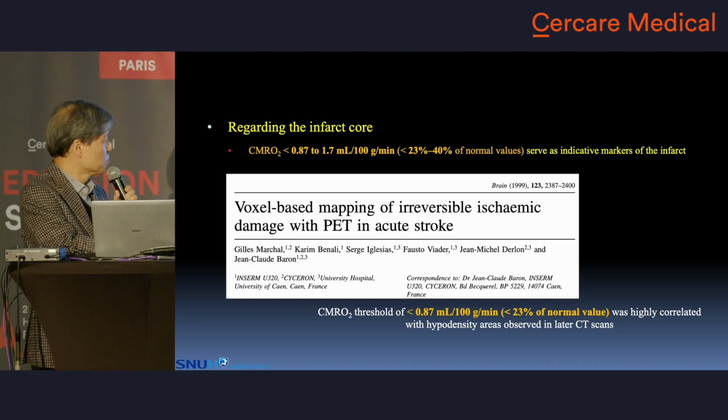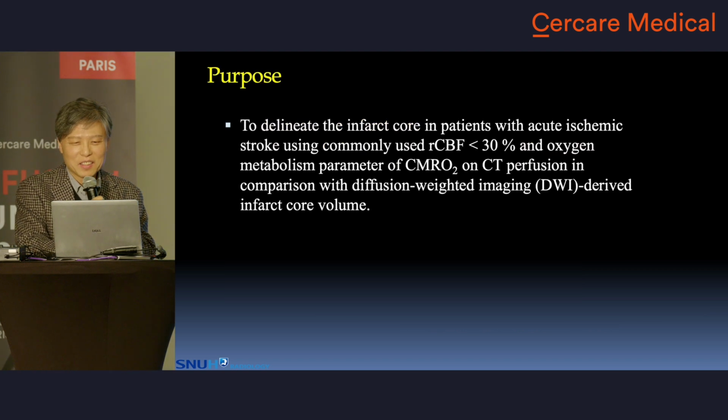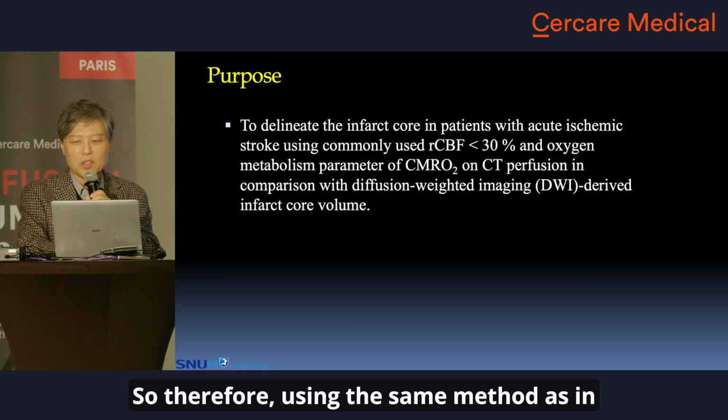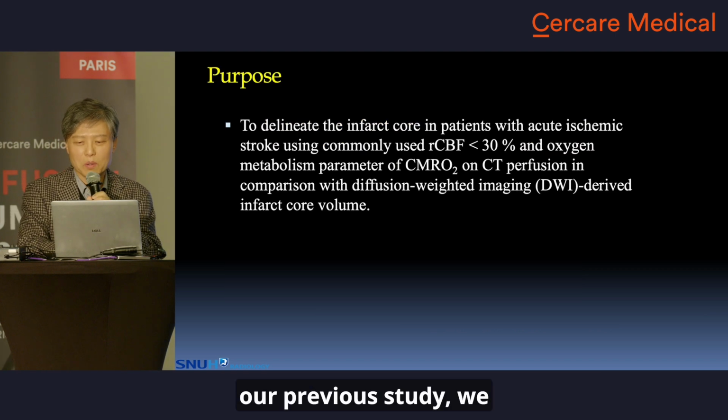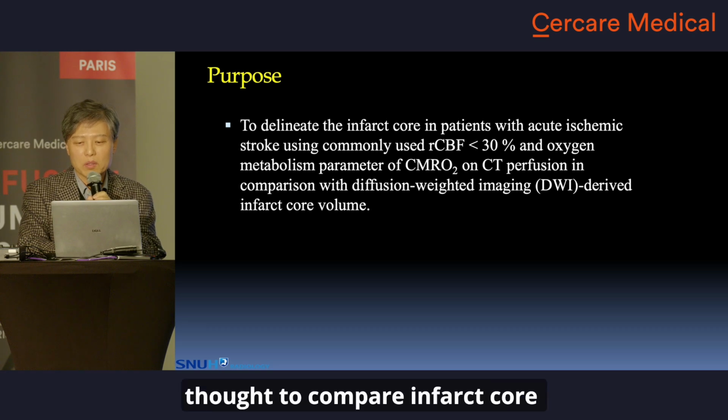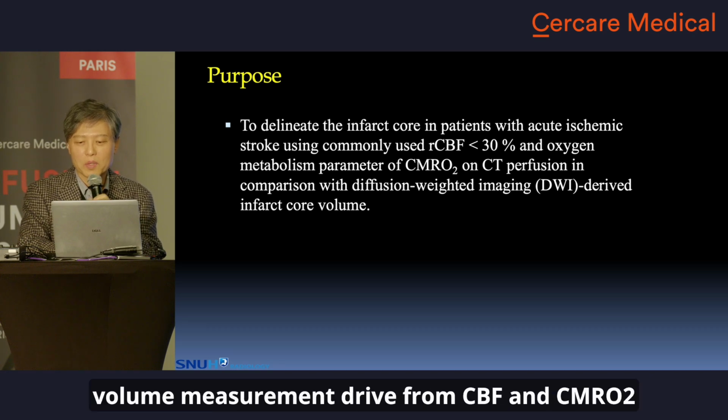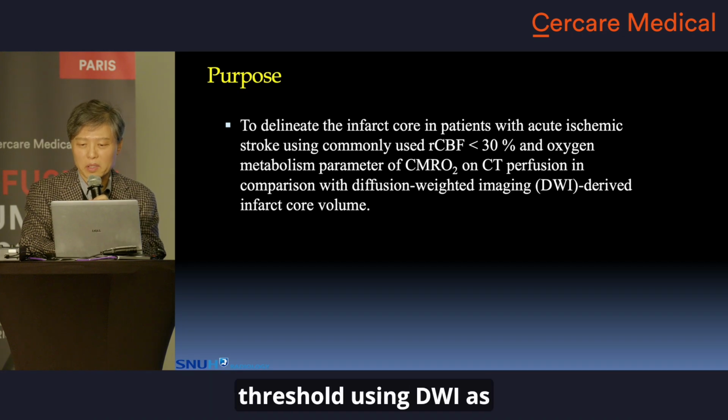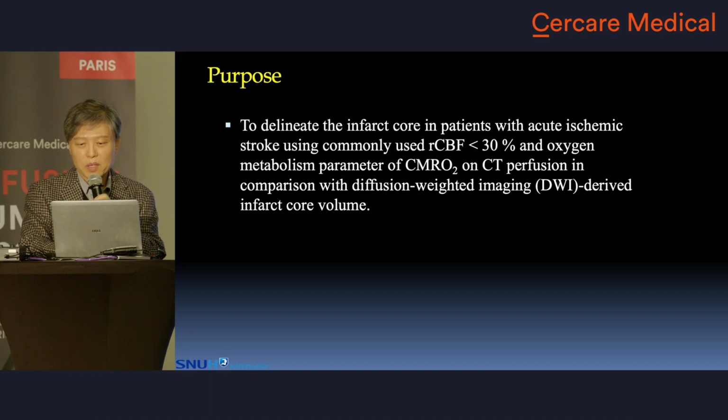This is also a French researcher. So using the same method as in our previous study, we compared infarct core volume measurements derived from CBF and the CMRO₂ threshold using DWI as a reference standard.